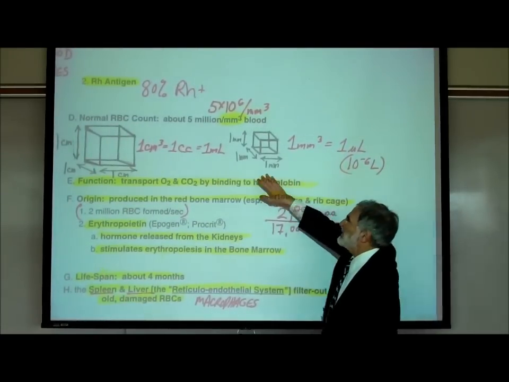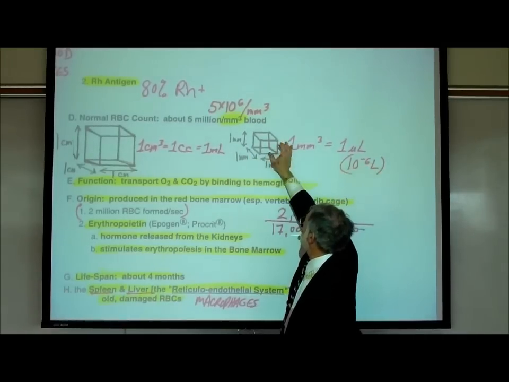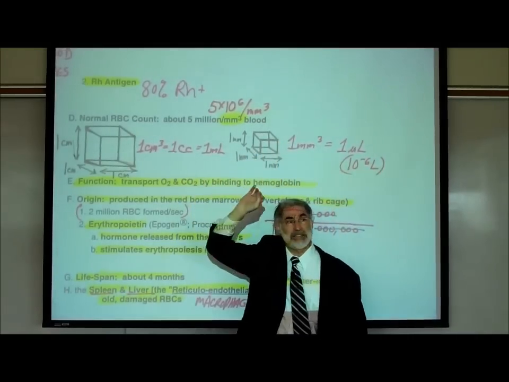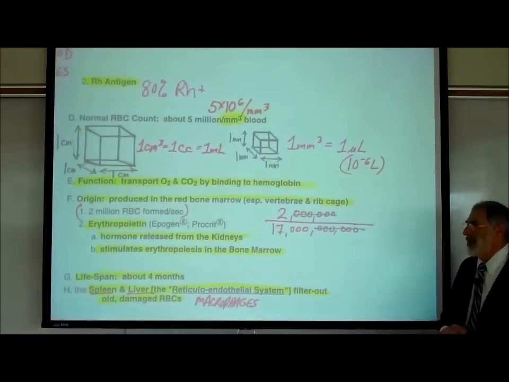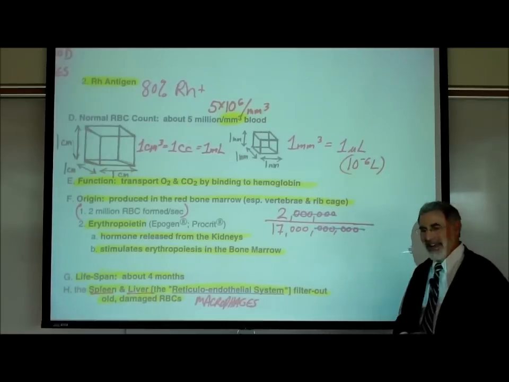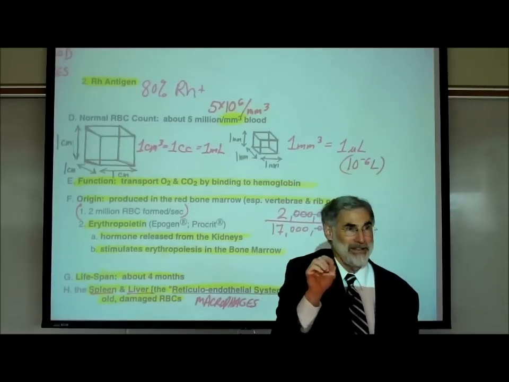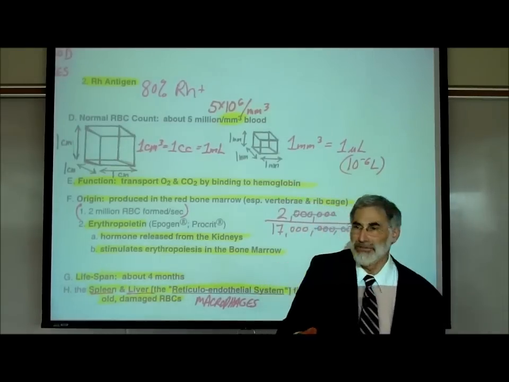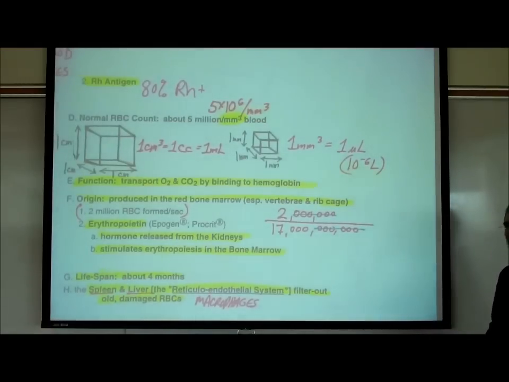So really what we're saying is that every cubic millimeter or microliter of blood has 5 million red blood cells. And we also pointed out last time that since there's 5 million in each microliter of blood, you can appreciate that there's really close to 20 trillion red blood cells.